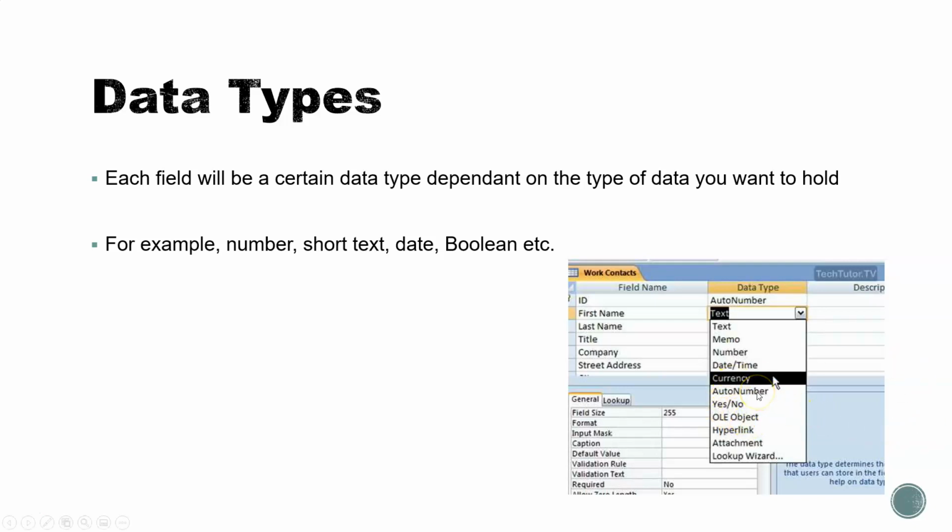Auto number increments the number by 1 for every new record that you have. Yes, no, it's basically a Boolean field. An object linked embedded object: if you want something like an image in there, you will use that. Hyperlink, so it goes to a website. That's pretty much all we need for that for the minute.